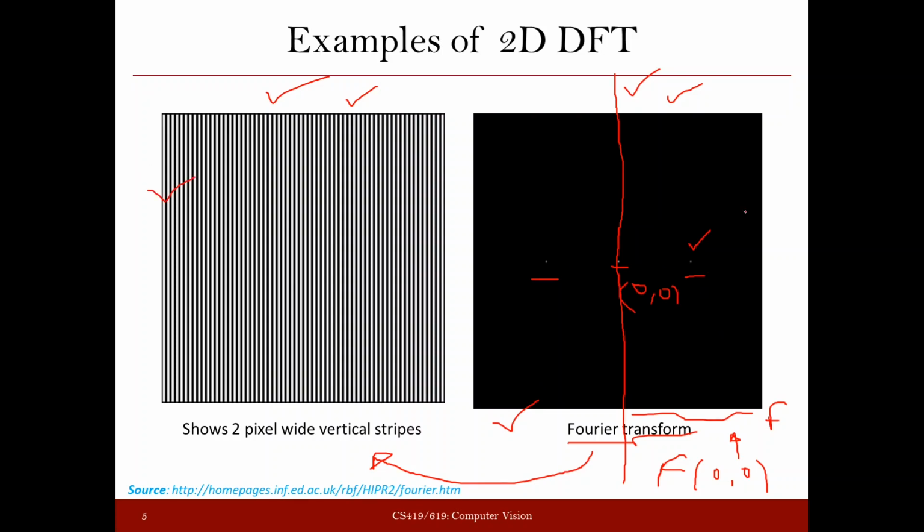How many frequencies is it using to represent this signal? Since there is only one bright spot here, you can say that this left side image is represented with the help of just one frequency in the Fourier spectrum. I hope this is clear. And we are not discussing anything about this other point because it is nothing but the same value mirrored here.